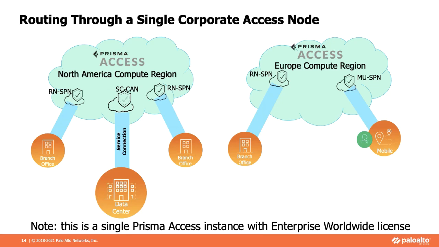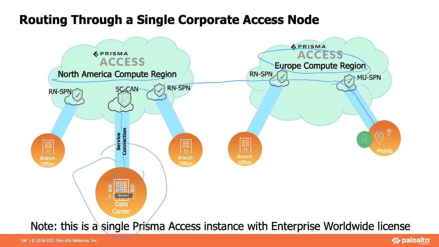And you have a main data center, maybe with a backup, but they exist in one region here in North America. But you have users all over the place. Maybe I've got users in Europe or Asia or whatever the case may be. If they need to reach some sort of service or authenticate in a different region, they're going to travel through Prisma Access, go down the service connection and get to their, say, Active Directory server, Radius server, whatever the case may be.